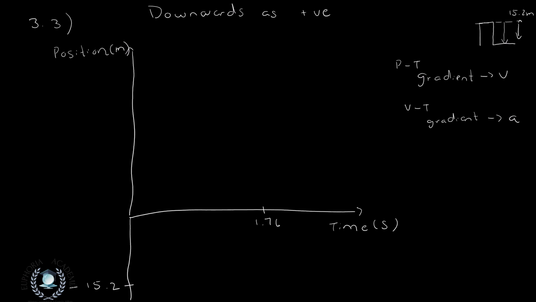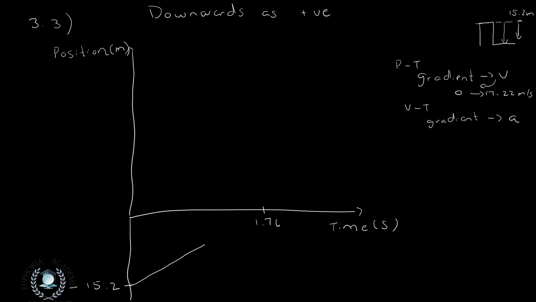But in this case, our velocity will go from like a 0, and then it'll end up to, for argument's sake, 17.2 meters per second. So that means it changes, the gradient changes. So if the gradient changes, we're not going to have a straight line, but we're actually going to have a curve.